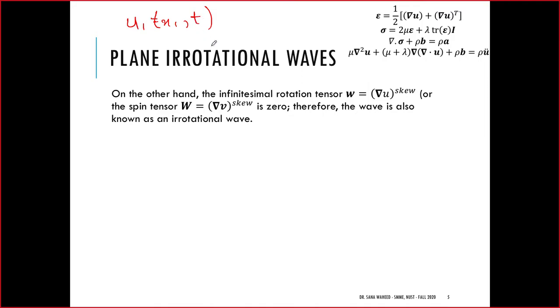It does not have a skew part. Therefore, it does not have any rotation within it. That's why there is another name for these waves, and they are known as irrotational waves as well. They don't cause any spin in the medium, so to speak.